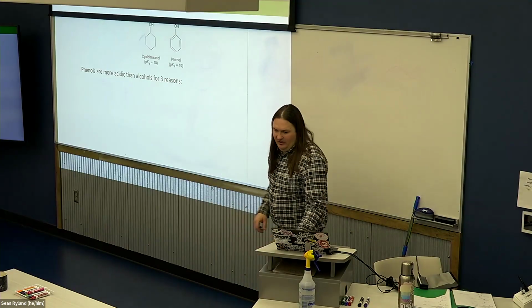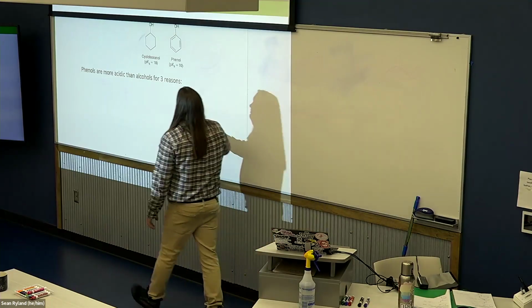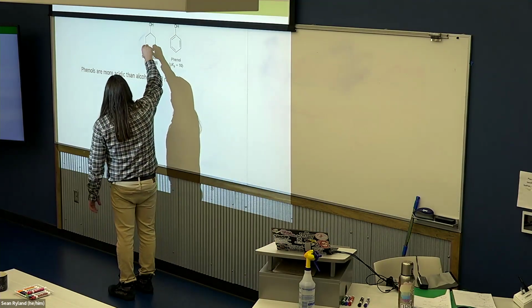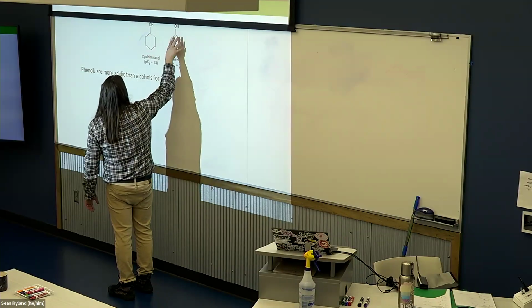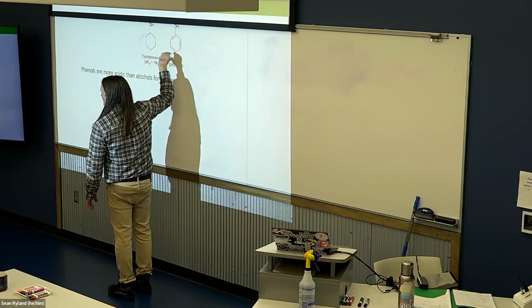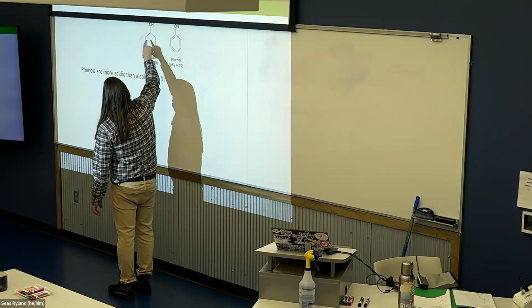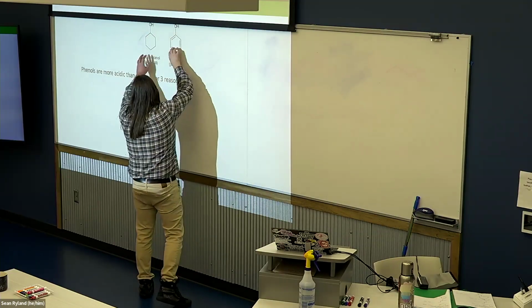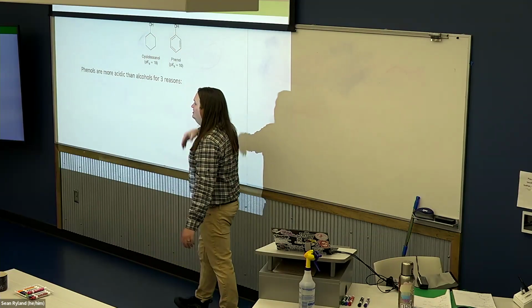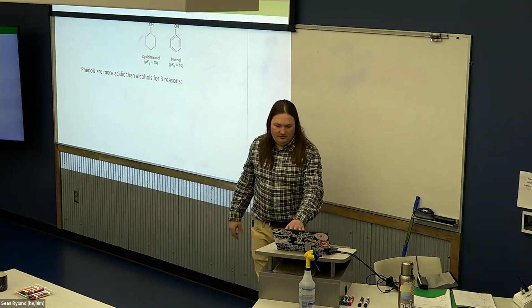So basically, we're always going to look at these in terms of how stable is the product. It's a lot more stable to deprotonate this because you get that resonance. There's no resonance here. So it's less about how stable they are right now and more about how stable it is once we deprotonate it.